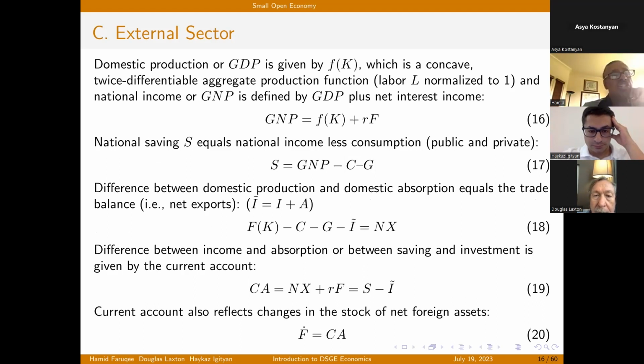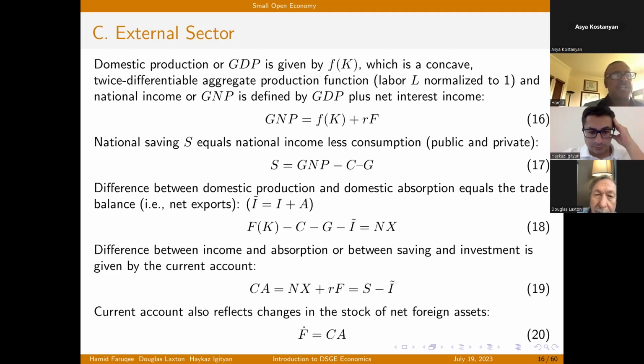And so GNP, or national income, is defined as GDP plus the interest on NFA. That's what you see in equation 16. Then you have national savings equal to national income less public and private spending in equation 17. And with this, we are in an open economy setting.